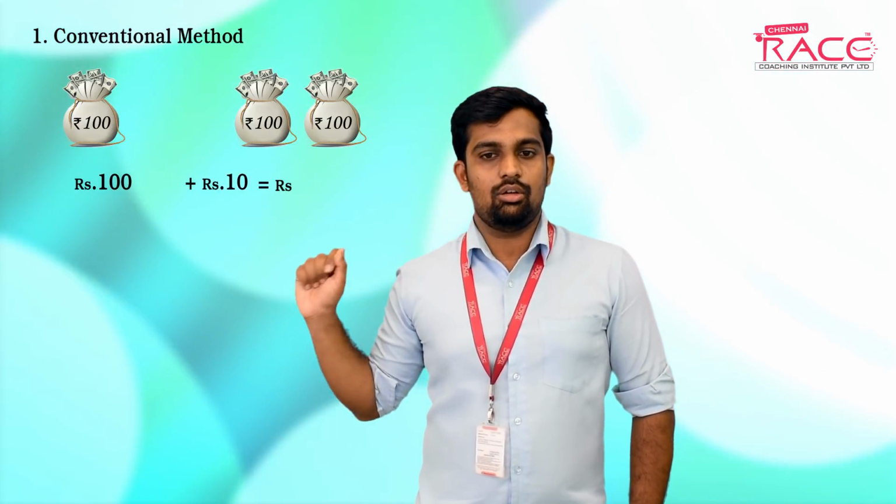Similarly, for the second installment he has to pay rupees 100 as well as the interest at 5% for the remaining 2 installments. That is, on the remaining rupees 200 at the rate of 5%, the interest is 200 into 5 by 100, which is equal to rupees 10. Therefore, the second installment he has to pay rupees 100 plus 10, which is equal to rupees 110.